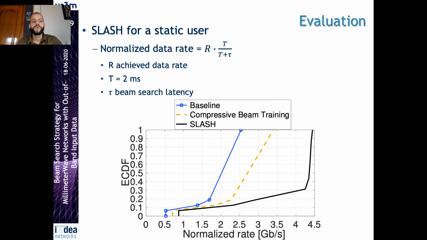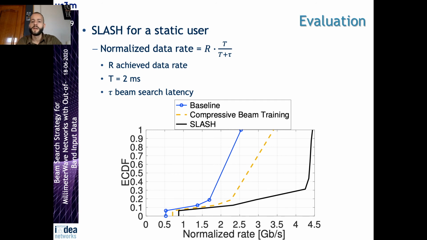Then we move to the evaluation of SLASH for a static user, where we first define the normalized data rate, as you can see from the first line, where R is the achieved data rate, T is the period of 2 milliseconds, and tau is the beam search latency, which is very few microseconds. Here we compare SLASH with two other strategies.